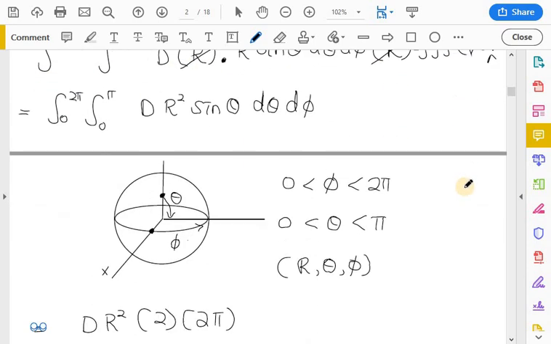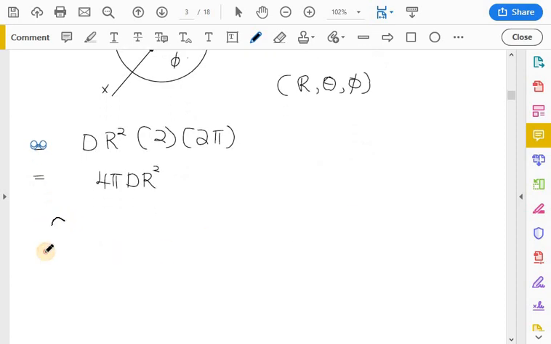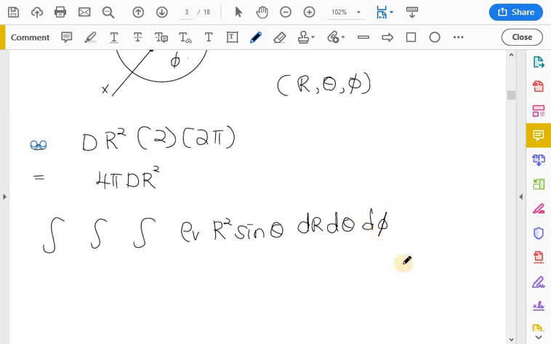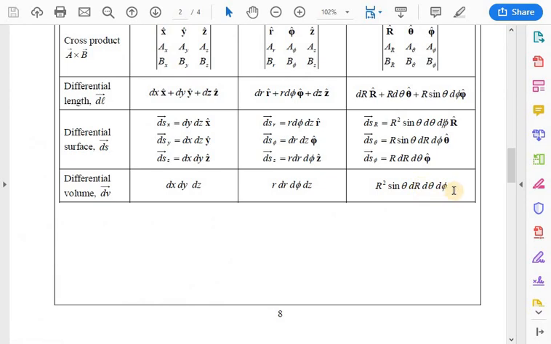Now we move on to the right hand side. The right hand side was too long just now, I don't have enough space to put it. So my rho v is here, and you will have r square sine theta, and you have dr, d theta, and d phi. All these you can refer to the formula sheet.